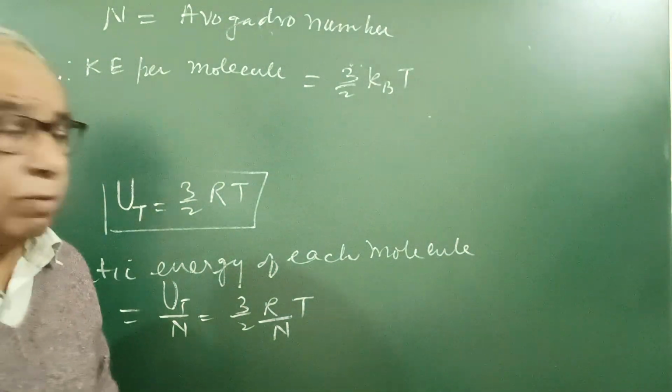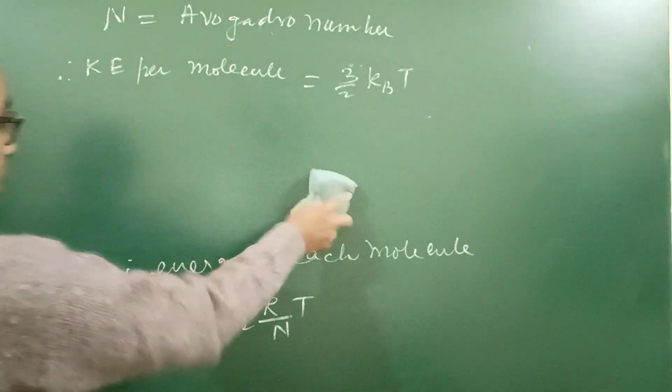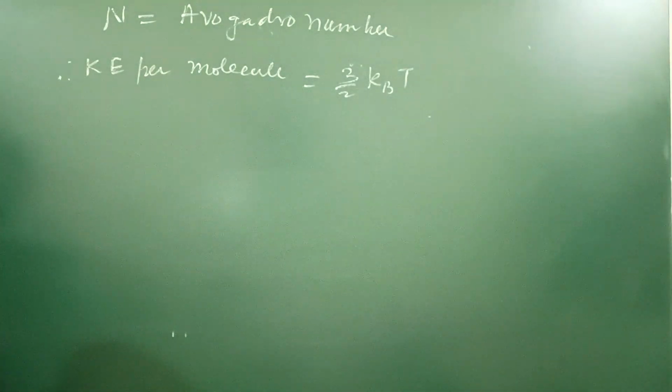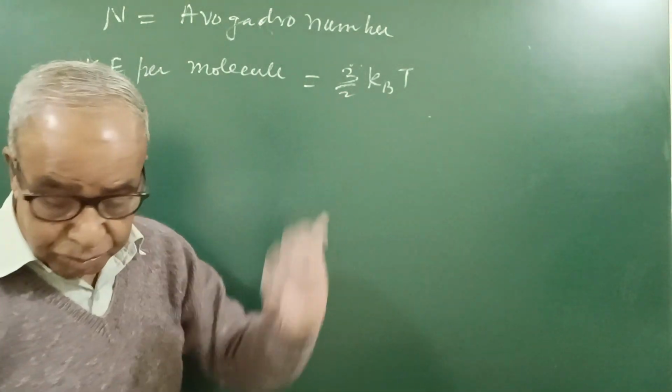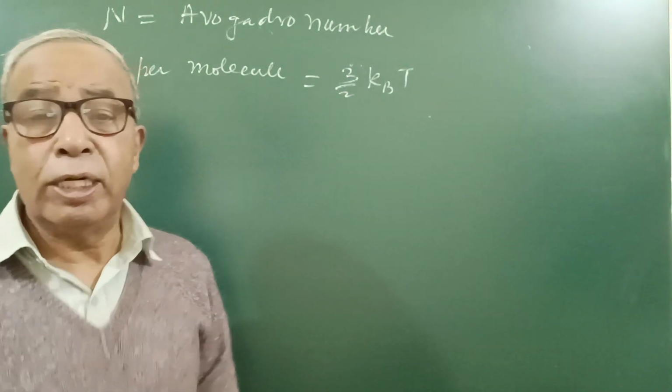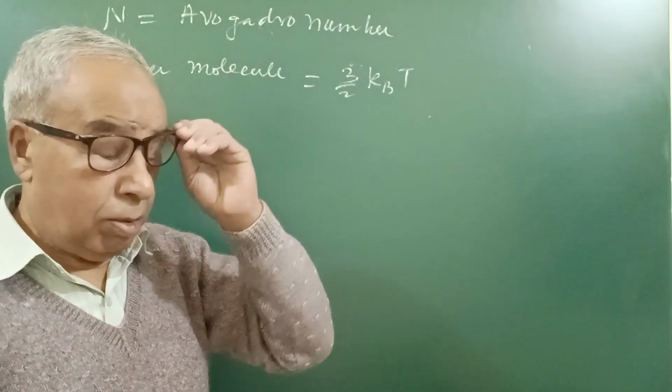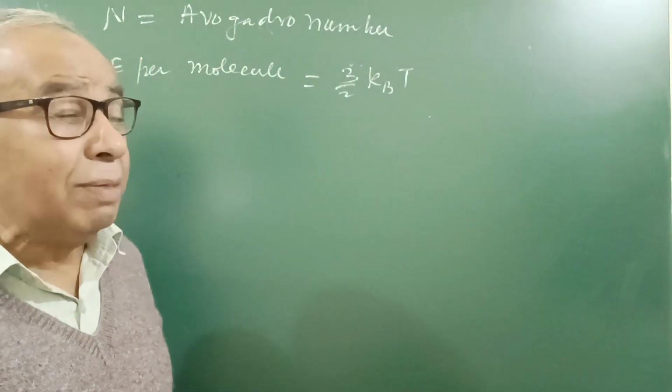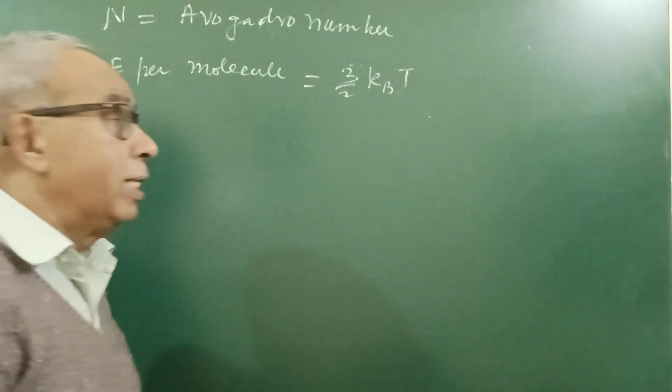Dear student, here is a very important concept. Kinetic energy per particle, k_B is a universal constant. So this kinetic energy per molecule is independent of the mass of the particle or molecule.